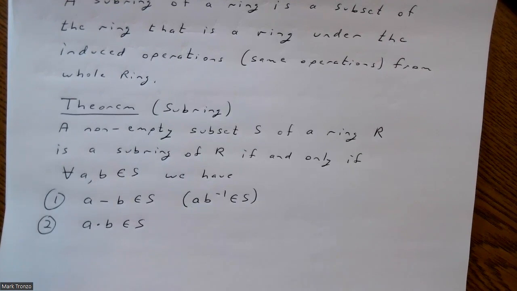So you only have to check. So again, what is nice with these kind of tests is you don't have to test a whole bunch of things. If you know your set came from a bigger ring, then all you have to do is test those two things to prove it's a subring.